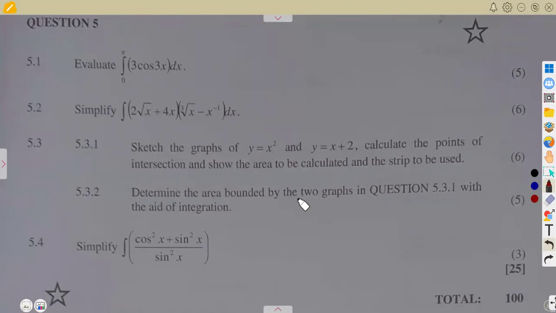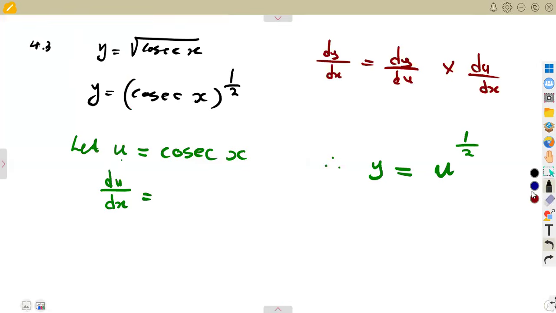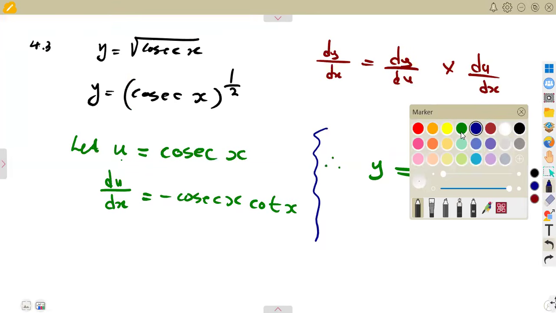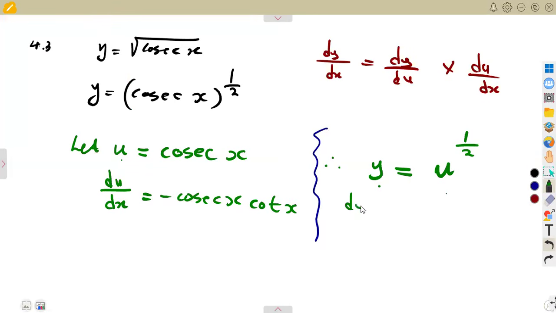So that is minus cosec x cot x. That is the derivative of u with respect to x. The derivative of y with respect to u is going to give us what?